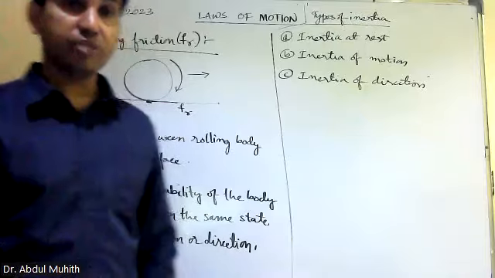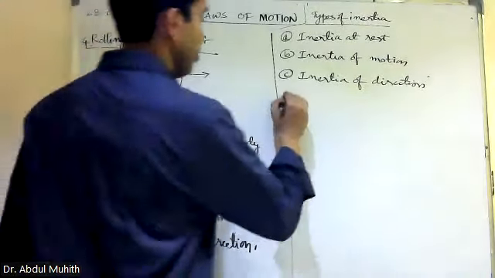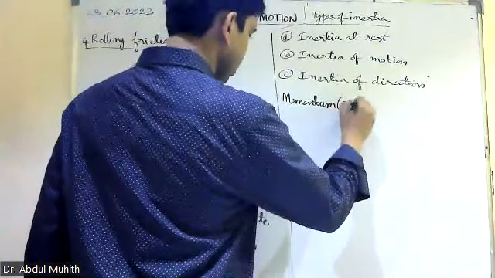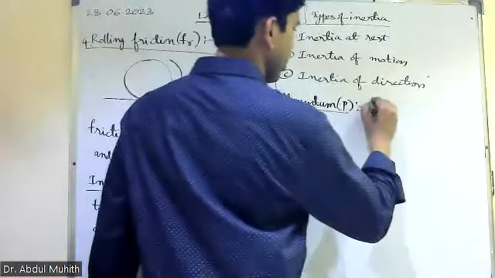Now the next concept is momentum. What is momentum? Momentum is the product of mass and velocity.